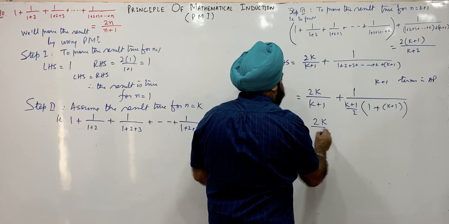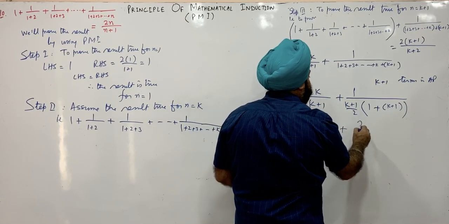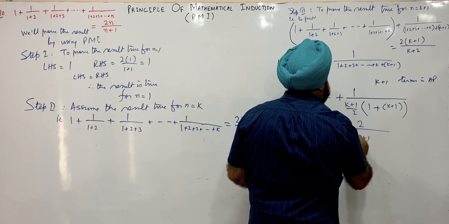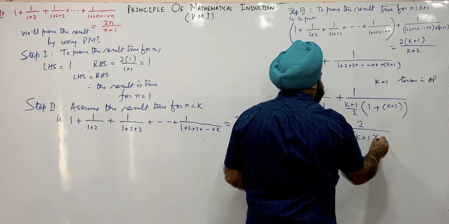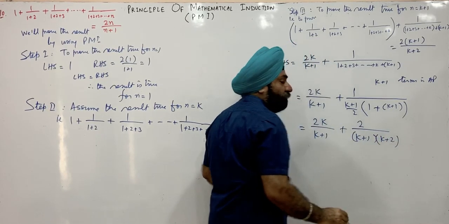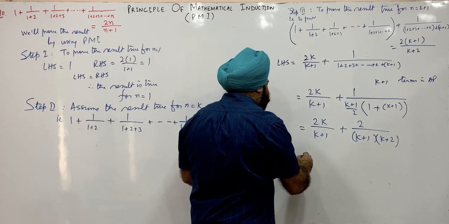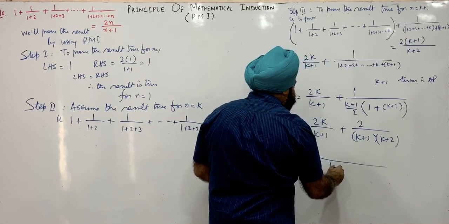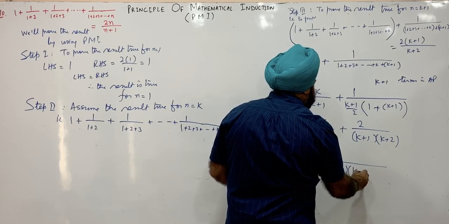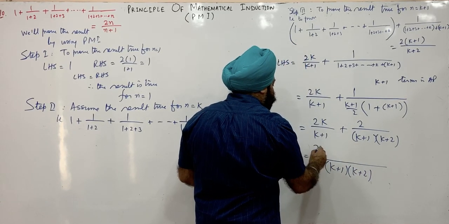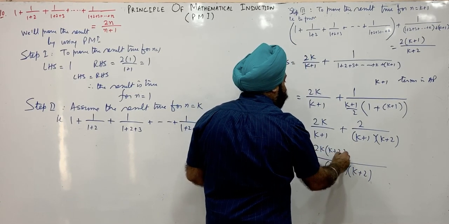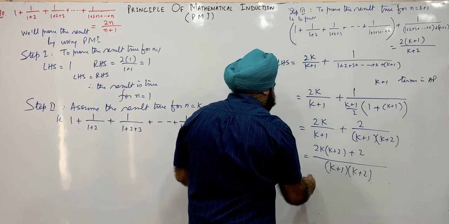This is 2k upon k plus 1 plus this is 2 upon k plus 1 into, this will be k plus 1 plus 1, this is k plus 2. Let's take LCM, which is k plus 1 into k plus 2. So this is 2k into k plus 2 and plus 2 here.